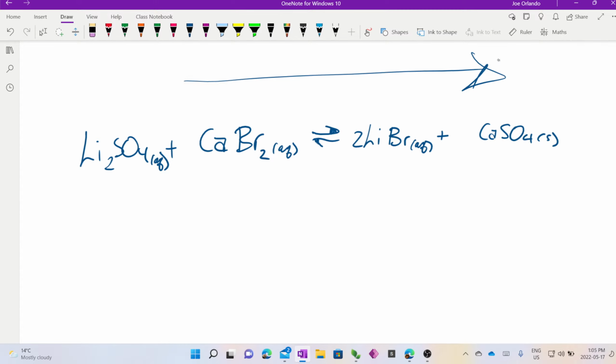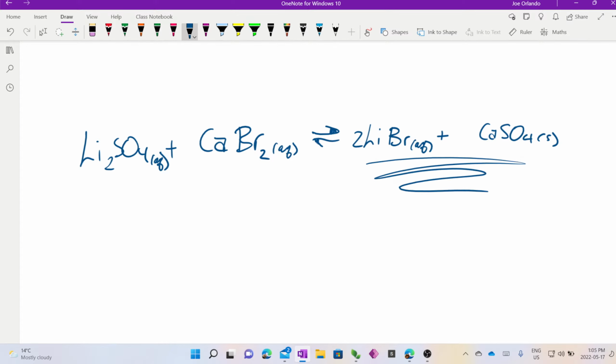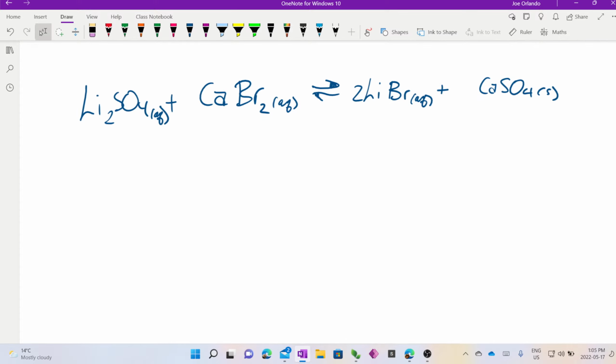You get a lot more of this at equilibrium than that, but it still is an equilibrium. What would the equilibrium equation, the law of mass action, be for this reaction? Write an equilibrium expression for this reaction.